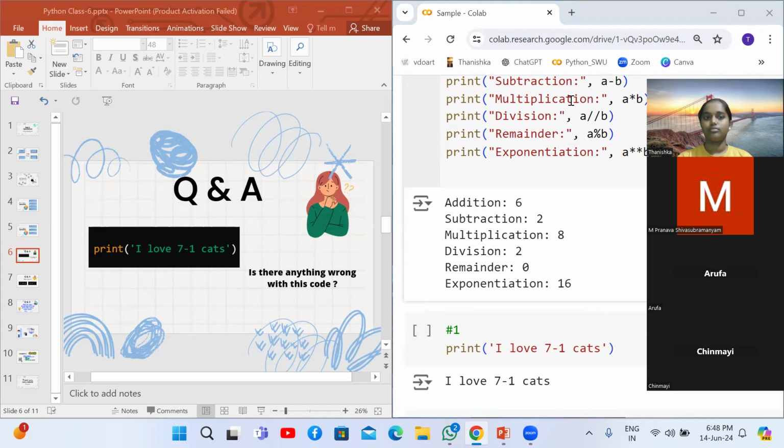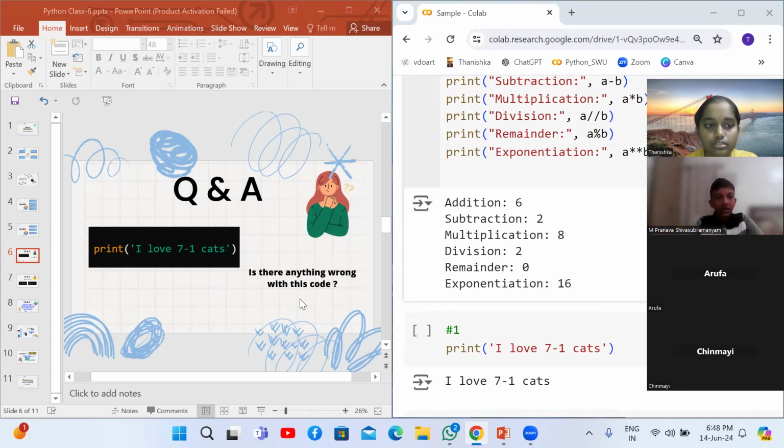In the first question, the task is to print the thing which is inside the string. We have to print that string: I love 7 minus 1 cats.